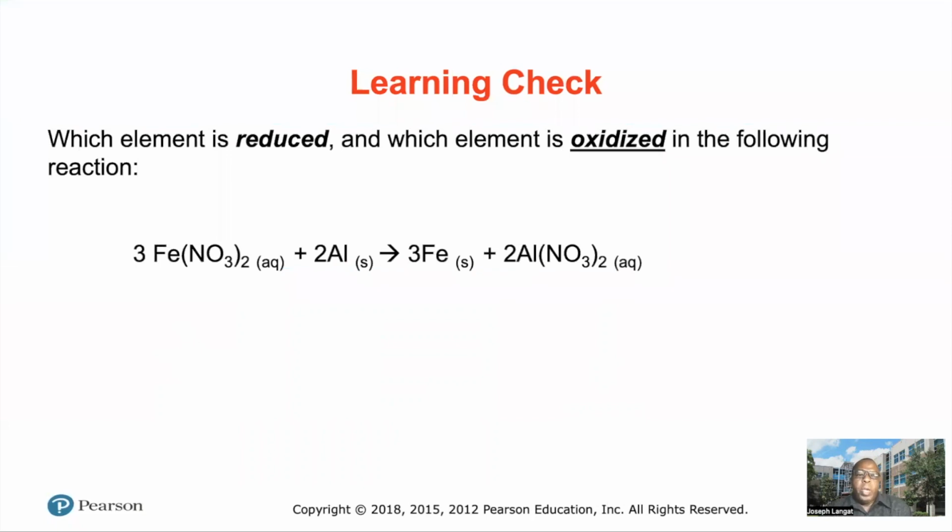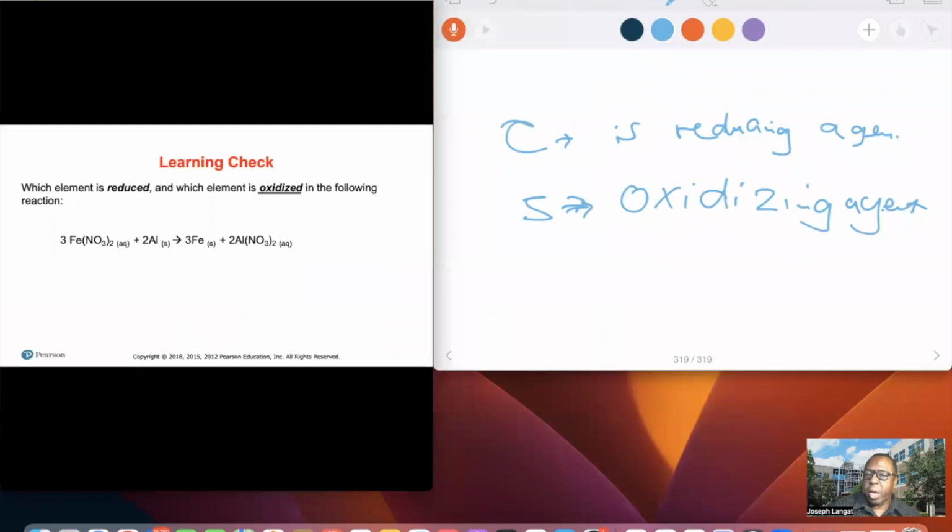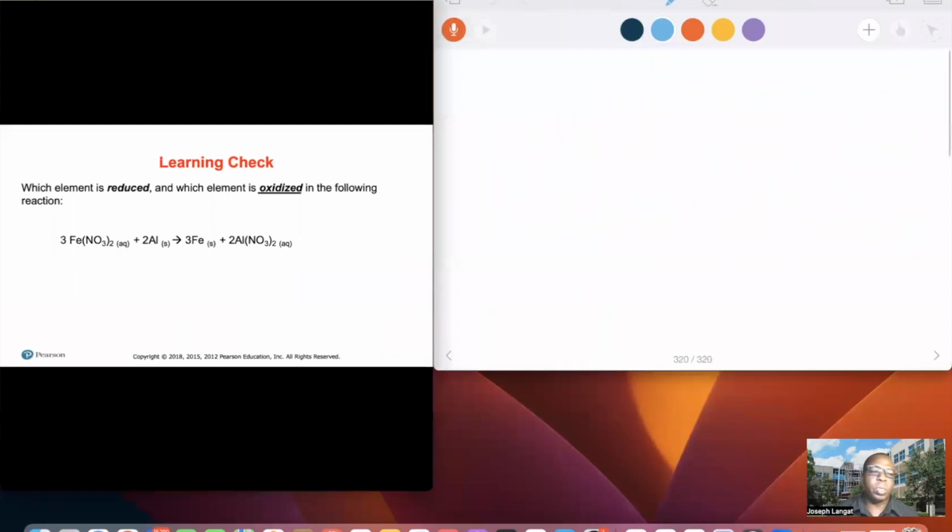Now, a learning check: which element is reduced and which element is oxidized? You need to know what is reduced and what is oxidized. By looking at this example, let me show you how you can determine that.